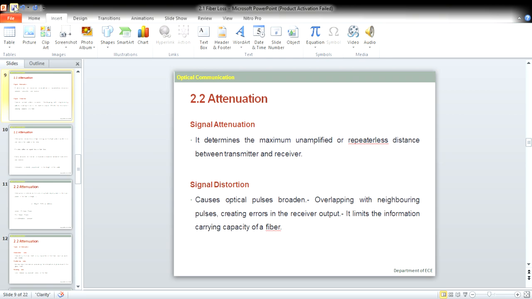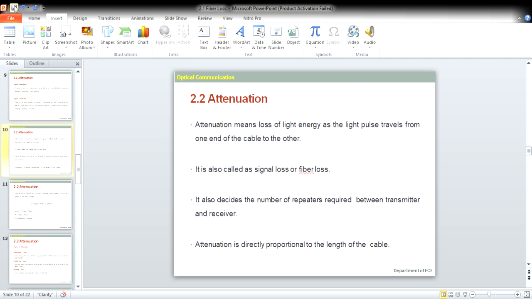It causes optical pulses to broaden, and they will overlap with the neighboring pulses and produce errors at the output. So we can't distinguish whether a one or a zero has been transmitted. Due to the pulse broadening, we can't determine which pulse we transmitted at the source end. Hence, it limits the information carrying capacity of the fiber.